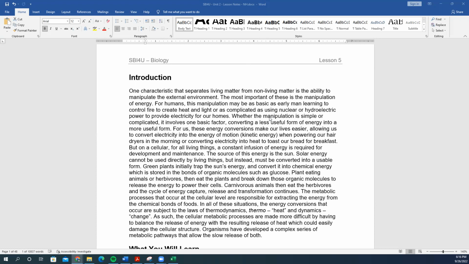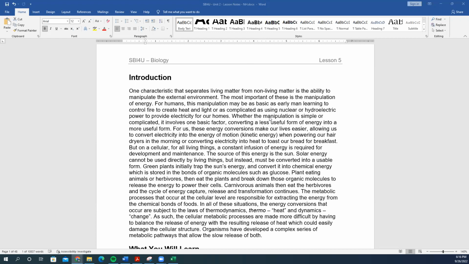They allow us to convert electricity into energy of motion, which is kinetic energy, perhaps to power various equipment and processes, or our electric cars. Or it might be to create heat to toast our bread in the morning for breakfast.